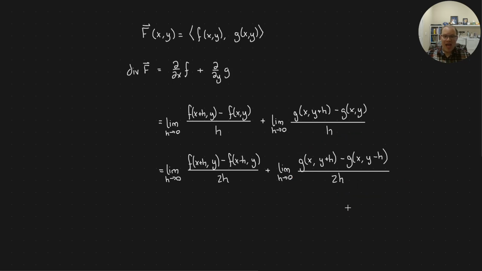And as h goes to 0, this is going to get closer and closer to f of x, y. So this is an equivalent and sometimes useful way to characterize the derivative. As long as the derivative exists, this and this are equal as h goes to 0.